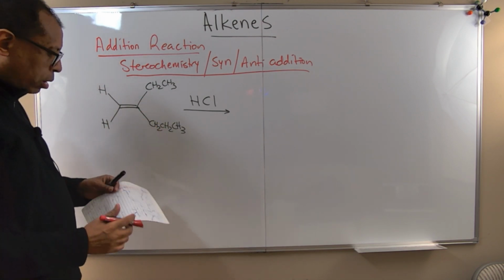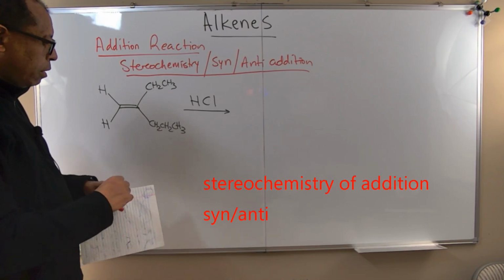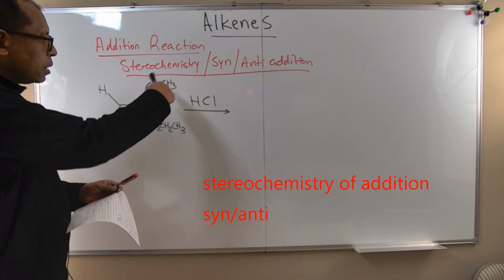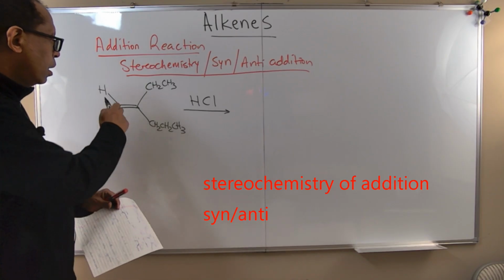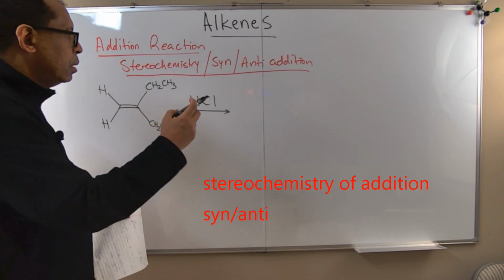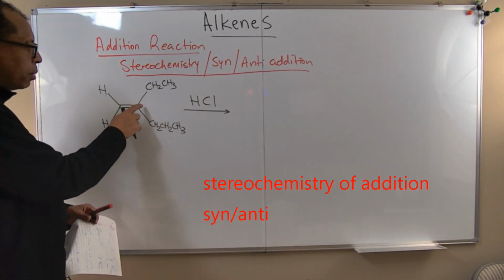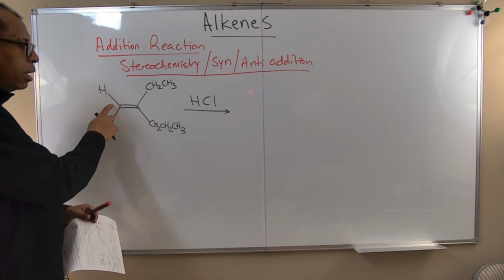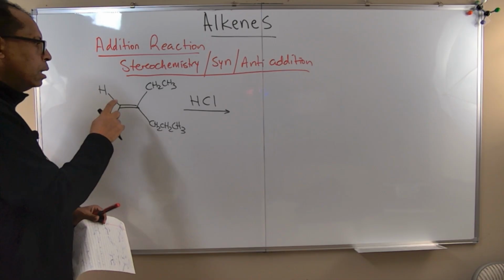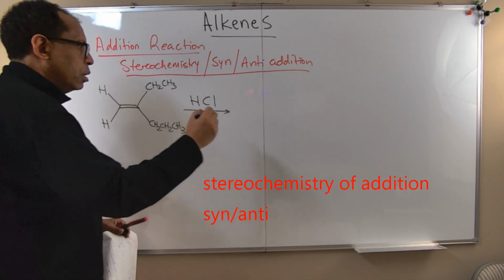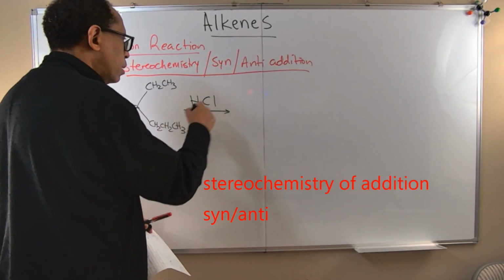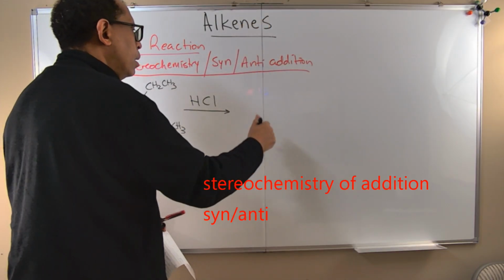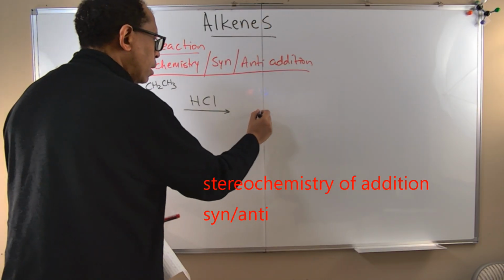So let's work on this. With addition to this, obviously the carbocation would be here, so the Cl would be on this side and H would add on this carbon. Let's first consider anti-addition.